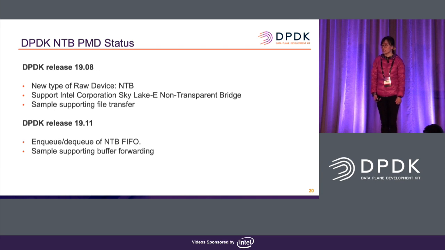In the coming release 19.11, the queue design, enqueue, dequeue, all the things are already merged into the master branch. The sample is also extended to support packet forward. So all that code has already been merged in the master branch. You can download and have a look at it.